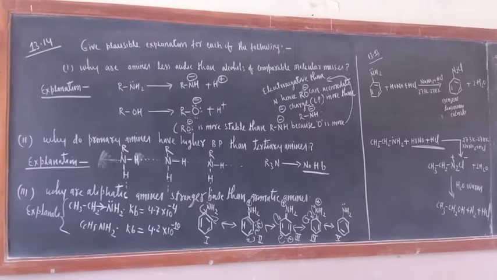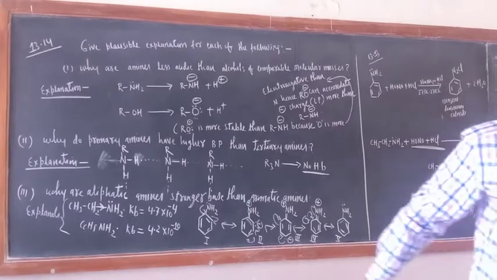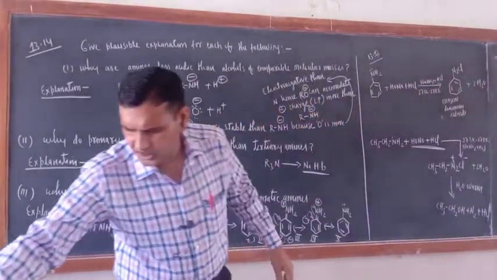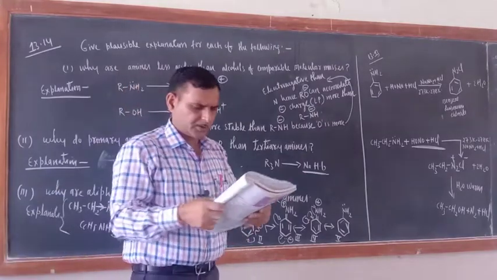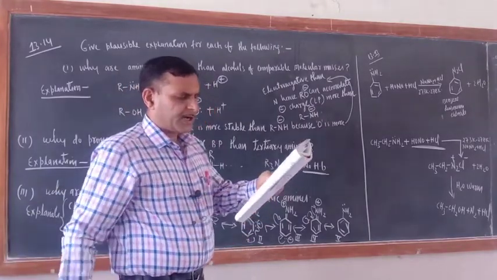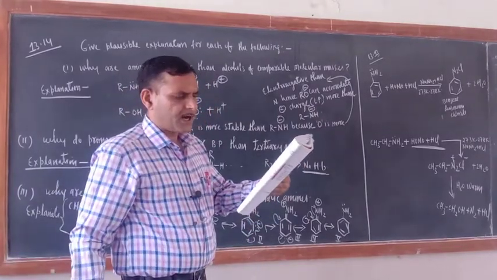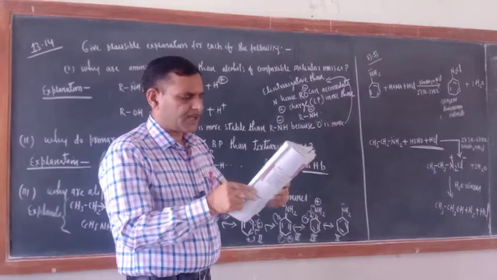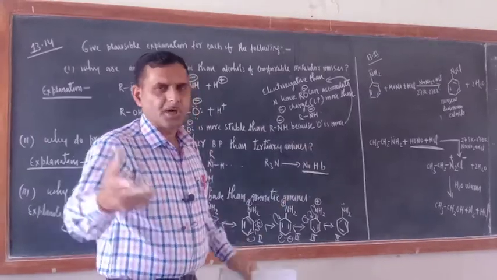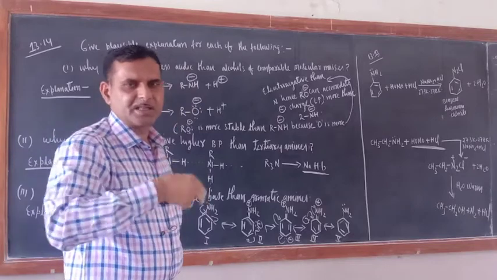Okay, so rest of the exercises. Now exercise number 13.12. What is the question? Why cannot aromatic primary amines be prepared by Gabriel phthalimide synthesis? I have already explained while dealing with the chapter.